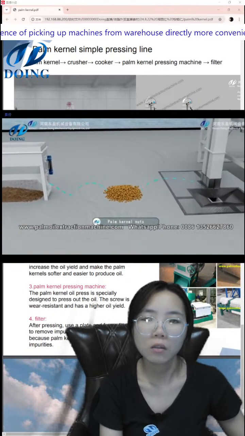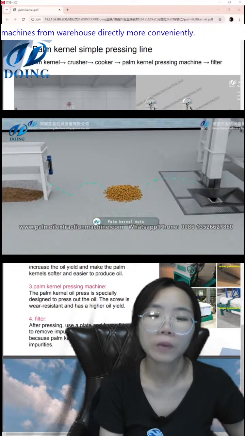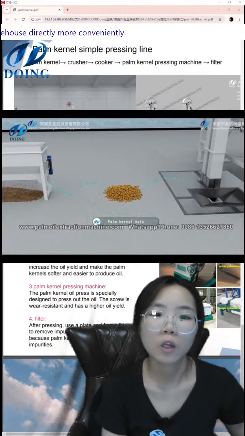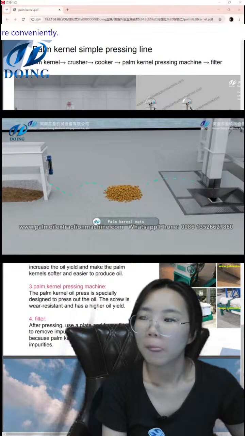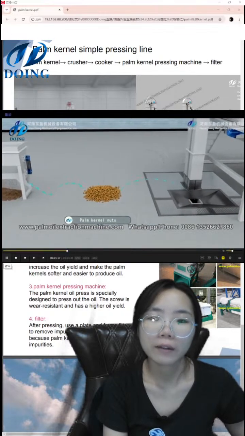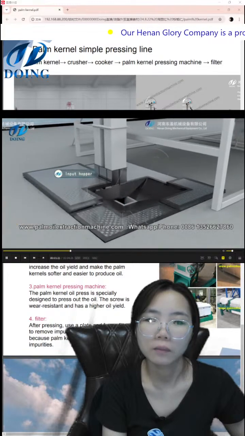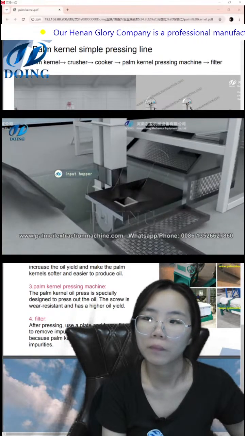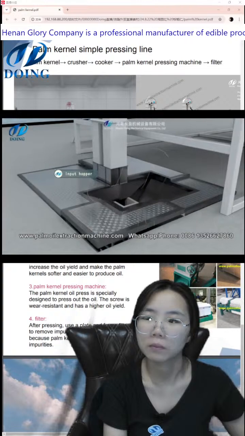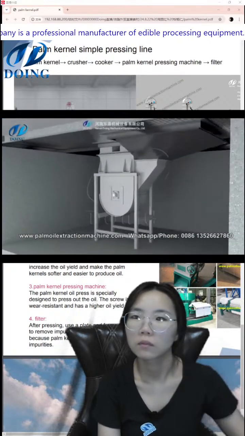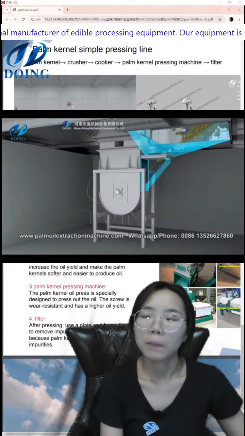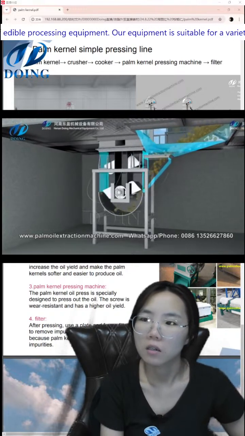The next machine is kernel shell separation equipment. We can see this video. The clean palm nuts enter the bucket elevator. This is the bucket elevator.